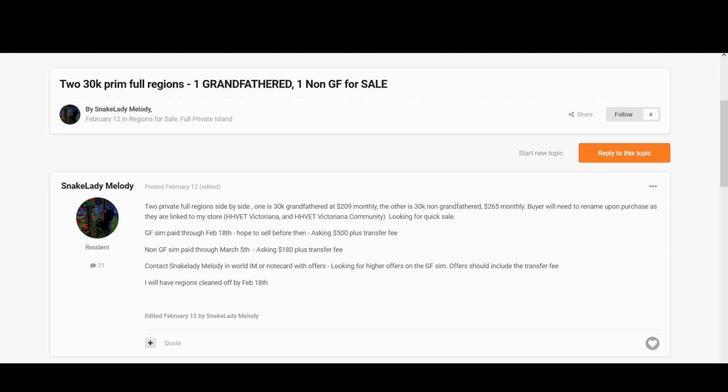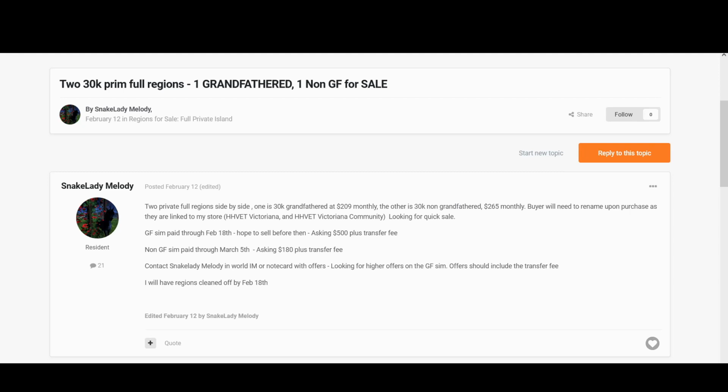Well, no, it's $259 a month, actually, but that is something that you have to think about. If you are lucky enough to find a grandfathered region, it will be $209 a month, which is more than a hop, skip, and a jump away from 260.